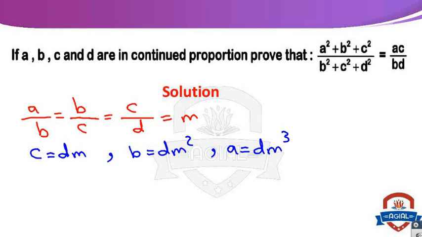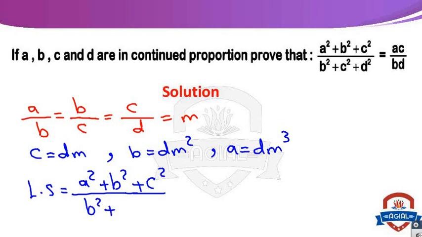And by substituting C, B, and A in the left side, A squared plus B squared plus C squared over B squared plus C squared plus D squared equals.